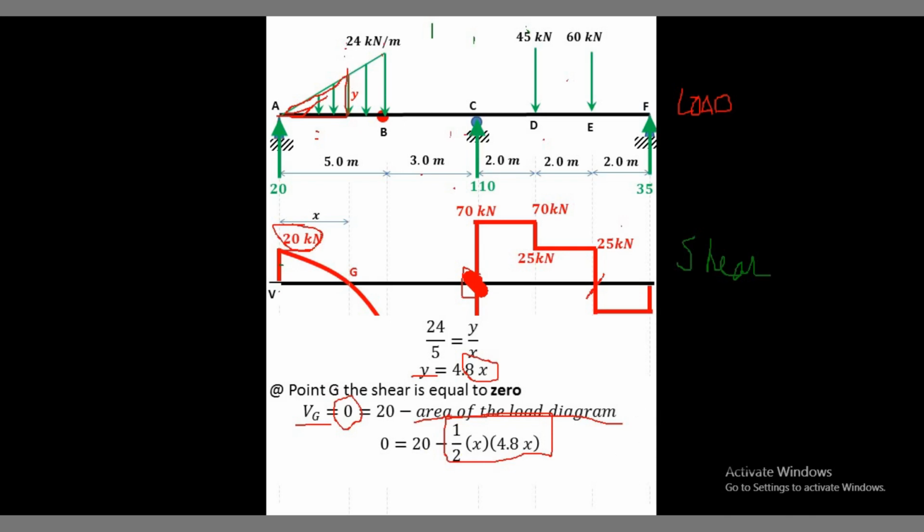Yung area ng aking load diagram ay itong triangle na to, itong kulay yellow. And the base of that is X. The height of that is Y. At nakuha naman natin kanina, yung aking Y ay 4.8x. So, it's just a matter of substitution. I can get now the value of my X, which is equal to 2.89 meters.